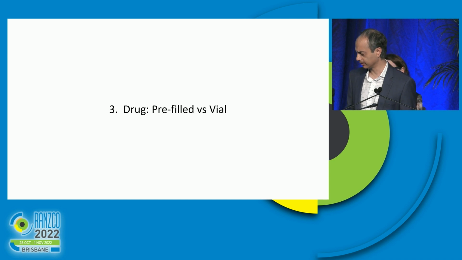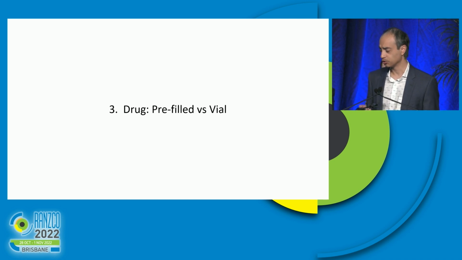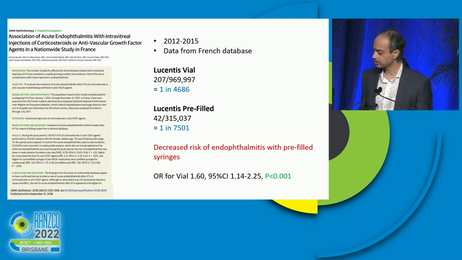And I'll just spend 30 seconds talking about drug. A French study was published in 2018 showing a significantly reduced risk of endophthalmitis in patients receiving pre-filled ranibizumab compared with drug taken from a vial.